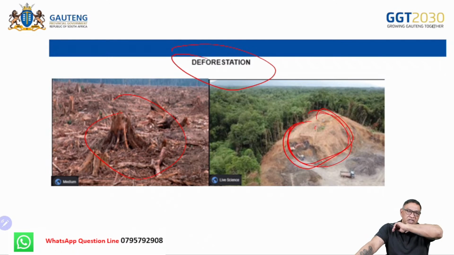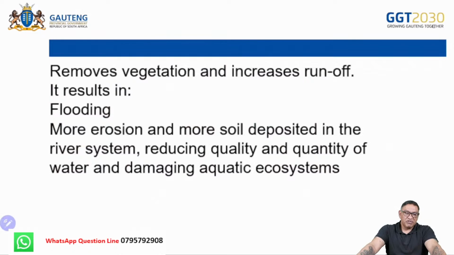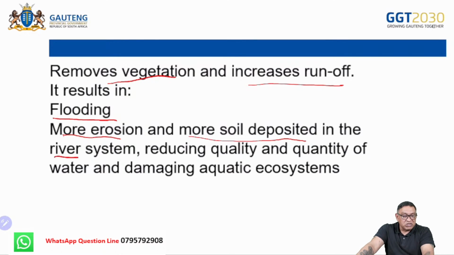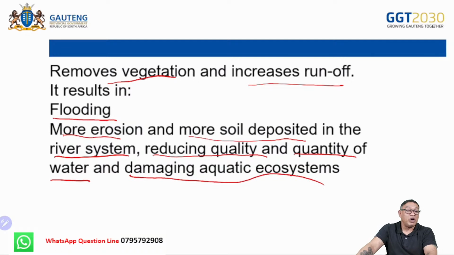Greater runoff, discharge of water, more erosion. So both of them have these sort of effects. It removes vegetation, increases runoff, results in flooding, more erosion, more soil deposited in the river system, reducing the quality and quantity of water and damaging the aquatic ecosystems. More pollutants are added in, more chemicals. It works for both because we are removing vegetation.